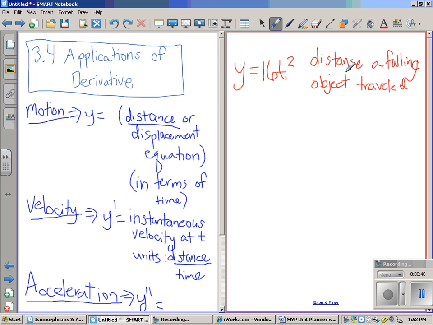And if you recall the units, y was in feet and t was in seconds.